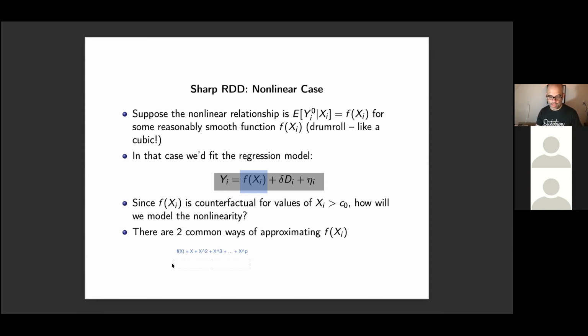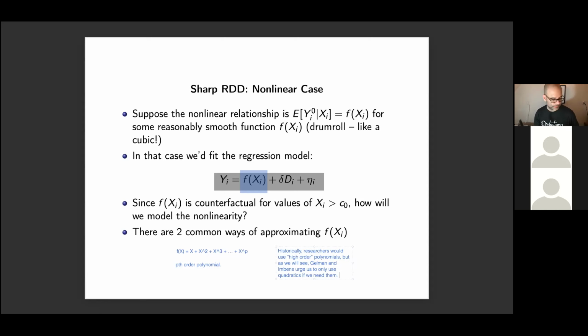It's going to be a pth order polynomial. Historically, researchers would use high order polynomials, but as we'll see, Gelman and Imbens urge us to only use quadratics if we need them.